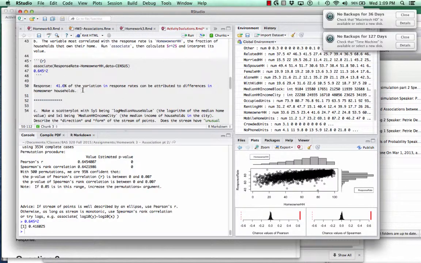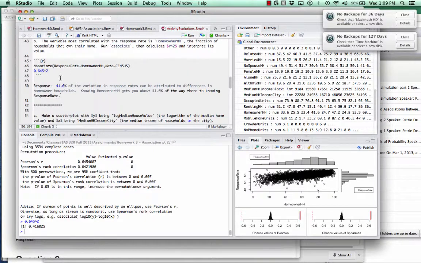Another more informal way of interpreting it is saying that knowing x, in this case homeowner HH, gets you about 41.6% of the way there to knowing y, which is response rate. So that informal way of interpreting r squared is saying knowing x gets you about r squared of the way there to knowing y.